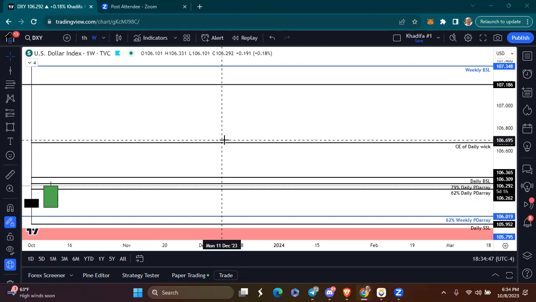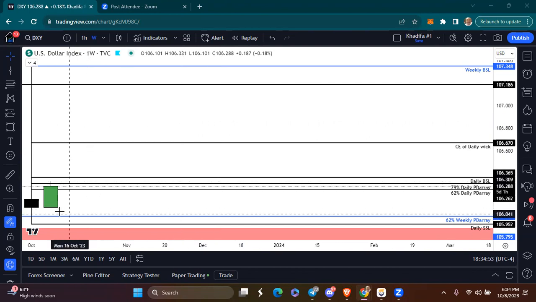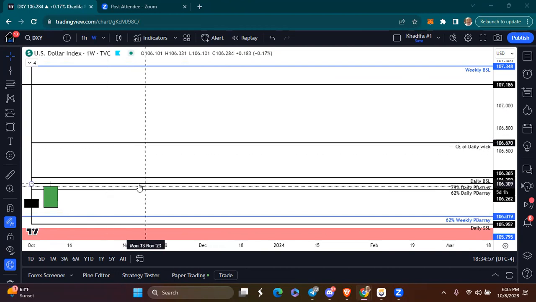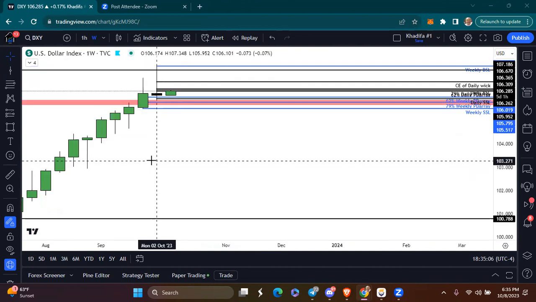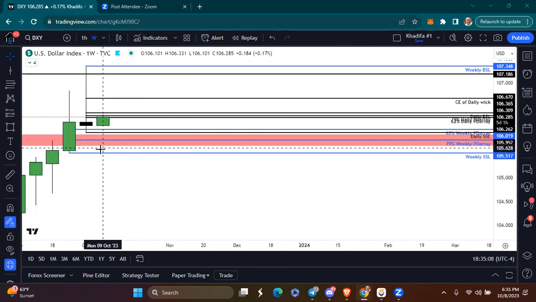So, guys, for the pre-week analysis this week, starting out with the dollar index, looking at how we opened up, we are on the weekly time frame. I have the previous daily PD arrays marked, and I have still the week before last weekly PD array levels on the chart.